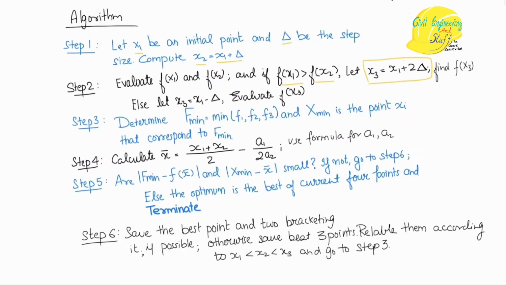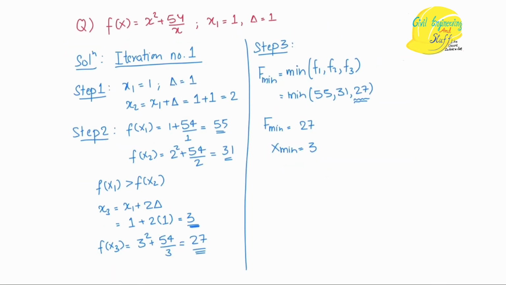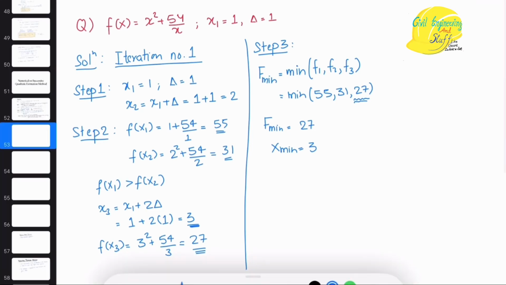So let's calculate the next point, x bar. We'll move to step 4, where we have to find x bar, which is equal to (x1 plus x2) by 2 minus a1 by twice a2. The formula for a1 is (f2 minus f1) divided by (x2 minus x1).